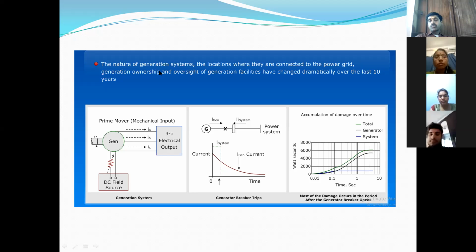Coming to this point, the nature of the generation systems, the location where they are connected to the power grid, generation ownership, and oversight of the generation facilities have changed dramatically over the last 10 years. That means where the generator is connected, the type of generation, and the facilities have changed in the interconnected power system.